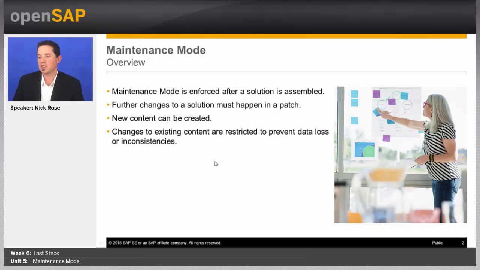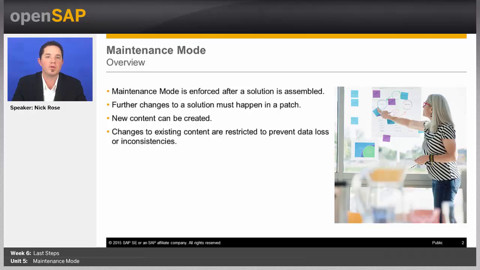So maintenance mode, again, is automatically enforced after the initial assemble download, and from there we just make our changes in our patch solution, and we continue development and deploy these patches. And I can keep all of those patch files stored somewhere if I want, so I have some kind of history on my objects and actions and can see the content of my solution.